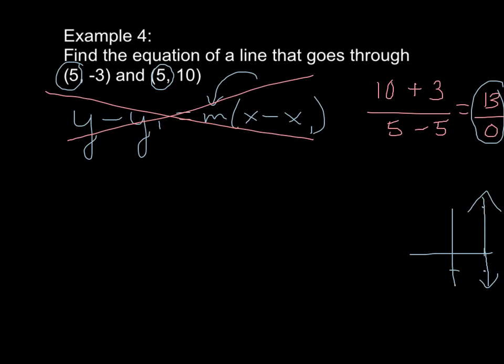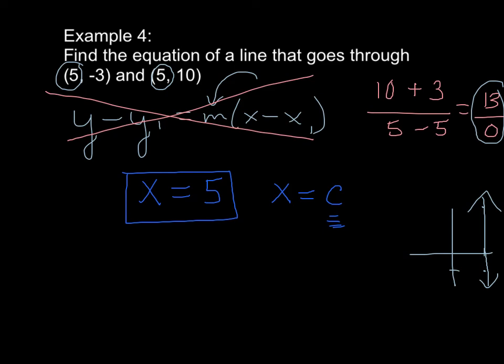So that's why the equation for something like this is just x is constantly staying equal to 5. That's the entire equation for any vertical line. It's always going to be x equals some constant number, and that constant number will be how far over that x is.